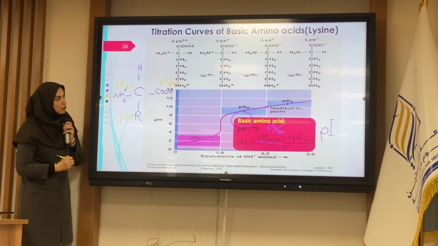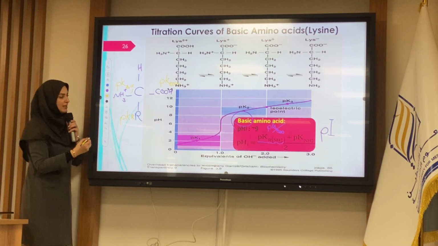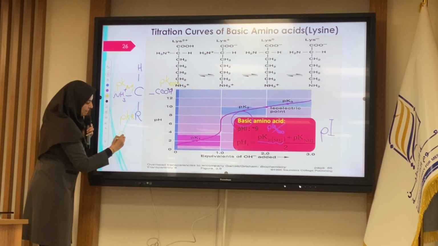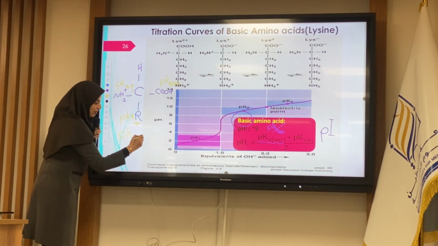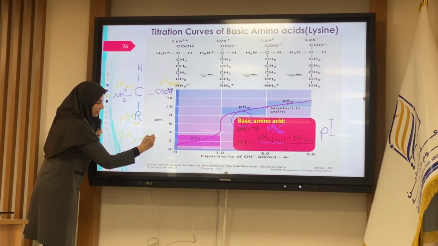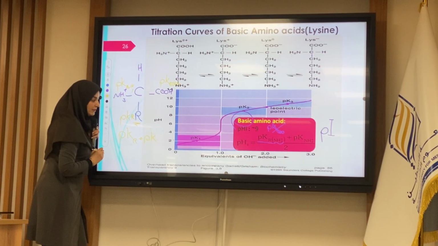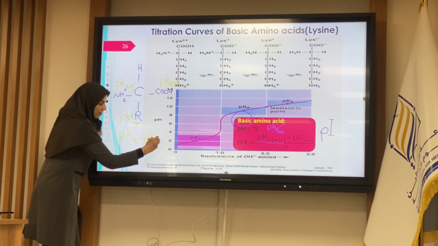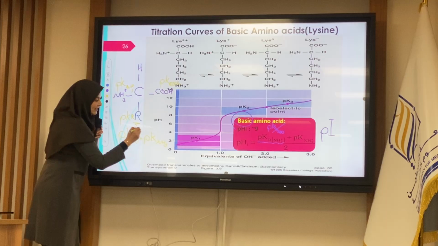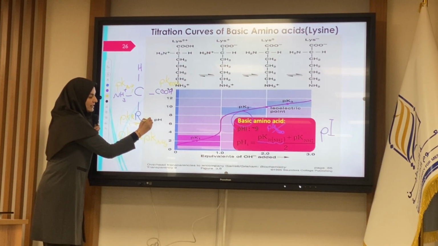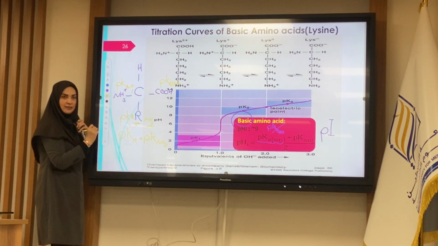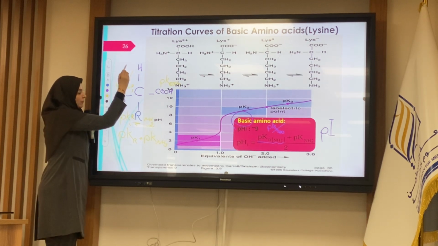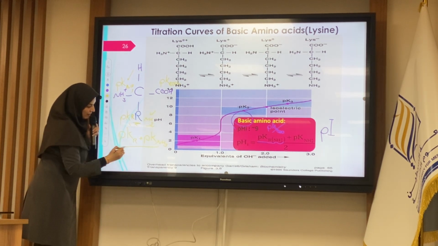For calculation of the basic amino acid, you should put the pK of R plus the pK of carboxyl or amine, because this is a base. As you know, in the structure of the R group of a basic amino acid, you have an amine. So this one is important and this one, and divided by 2.